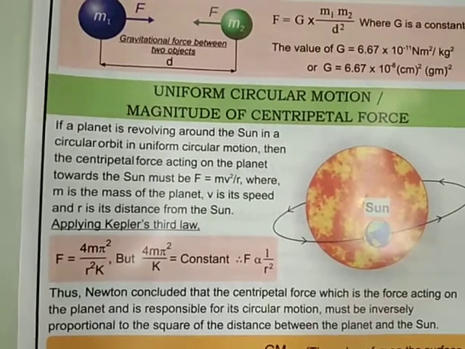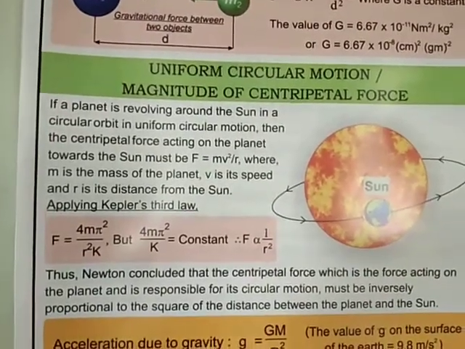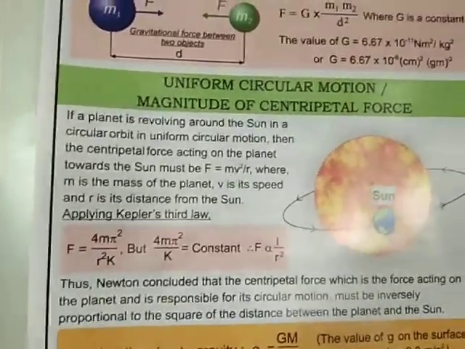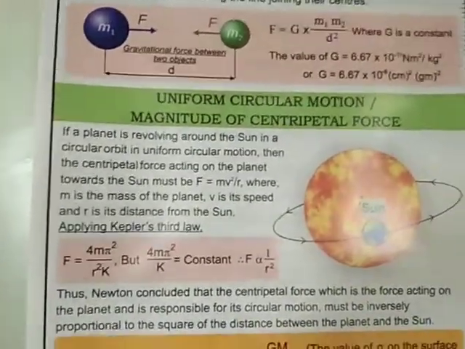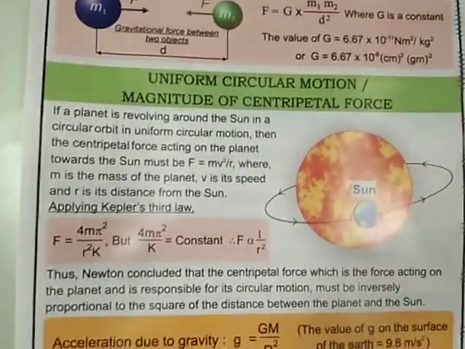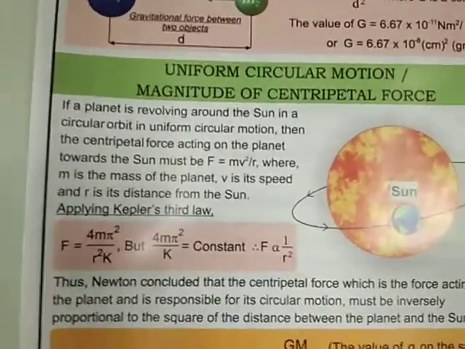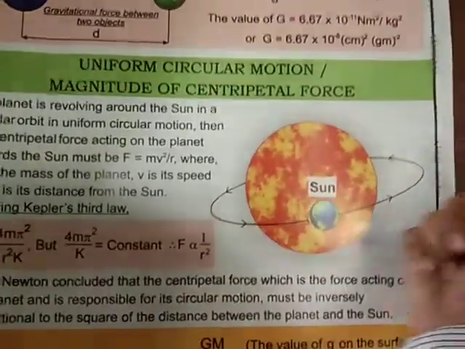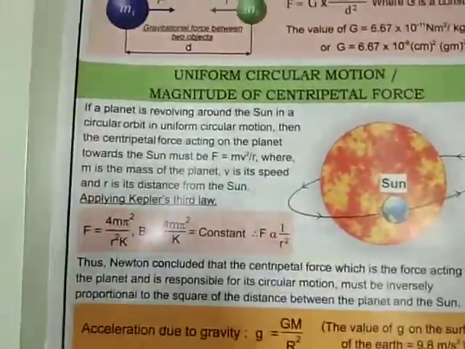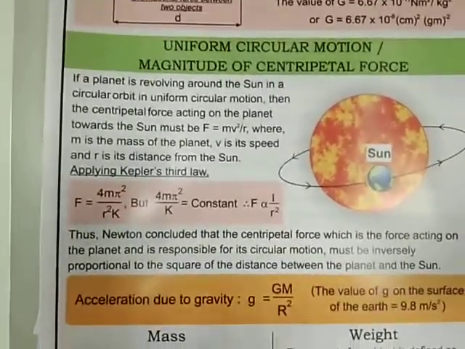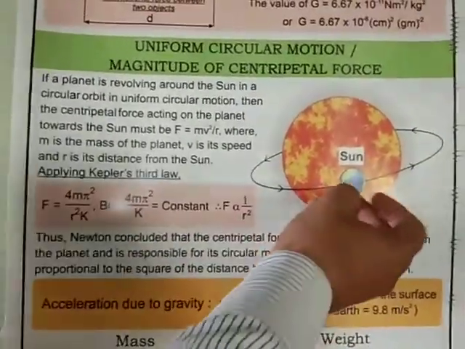If a planet is revolving around the sun in a circular orbit in uniform circular motion, then the centripetal force is acting on the planet. मतलब आप समझ रहे होंगे, if कोई भी ग्रह सूरज से revolving around the sun, मतलब कोई भी ग्रह सूरज के बाजू से revolve होता होगा, move होता होगा in circular orbit और circular motion, then centripetal force is acting on the planet. This is the earth revolving around the sun.